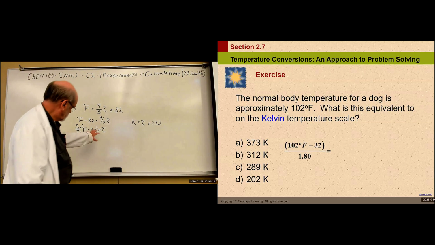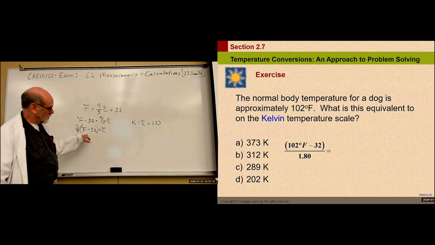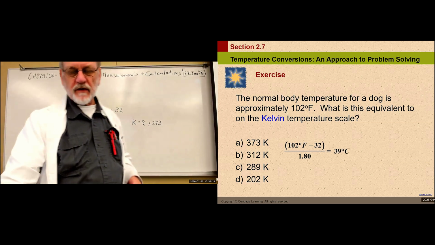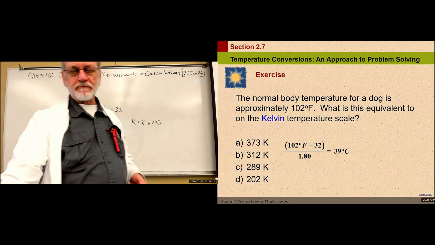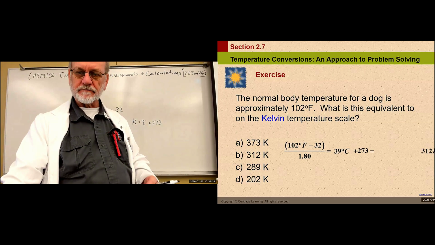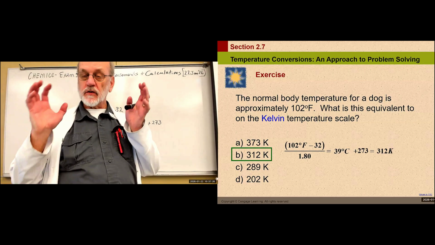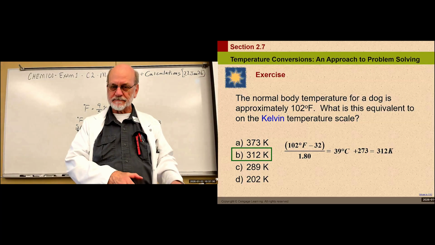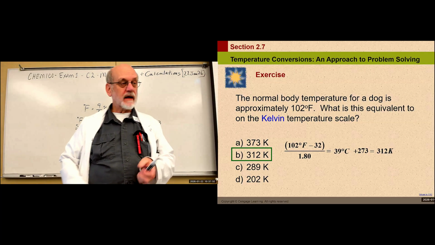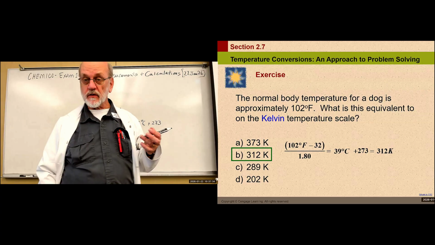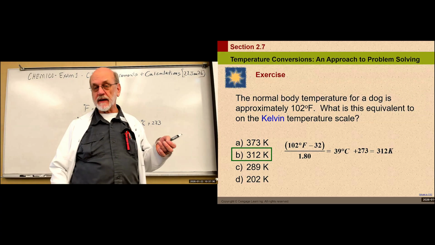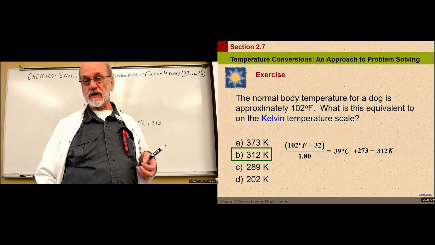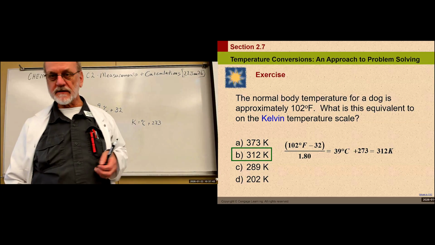So that arrangement here will convert to Celsius: 39 degrees Celsius. Then you put it in the other formula, add 273. So your dog's temperature is 312 Kelvin. And by the way, what is 98.6 degrees Fahrenheit body temperature in Celsius? It's exactly 37 degrees Celsius.